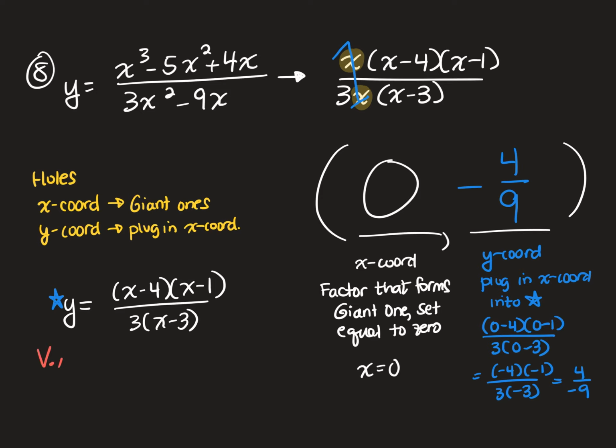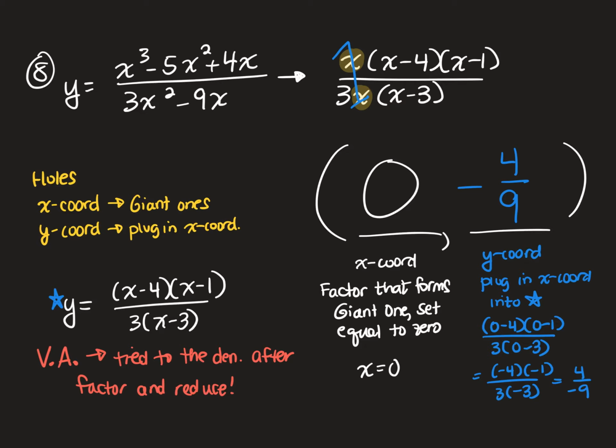So let's talk about vertical asymptotes for a second. Vertical asymptotes are tied to the denominator after you factor and reduce, so after we get rid of any giant ones.